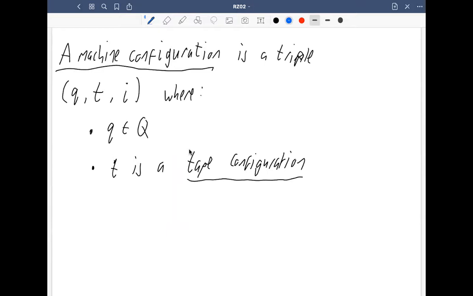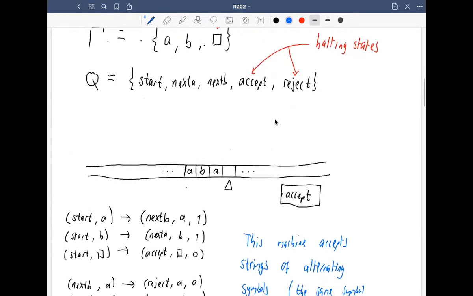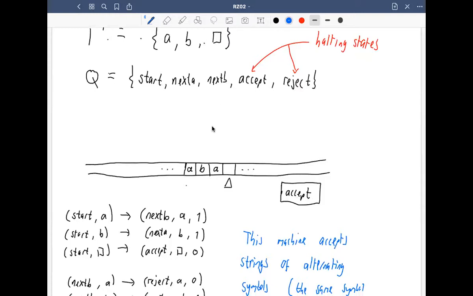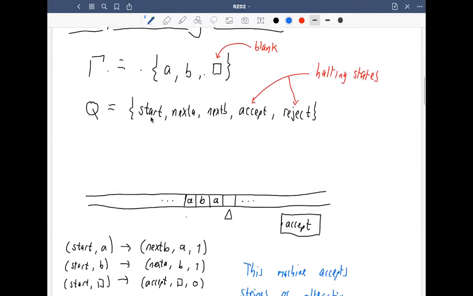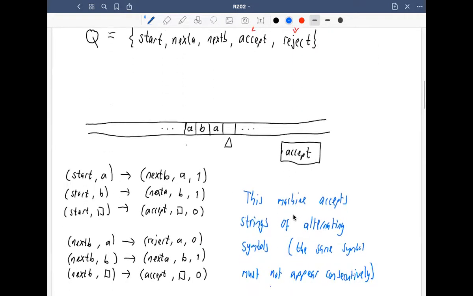One might informally refer to the state of the machine, but we don't use the word state because the state of the machine refers to which state symbol we're in, one of these finite sets of states for this machine.